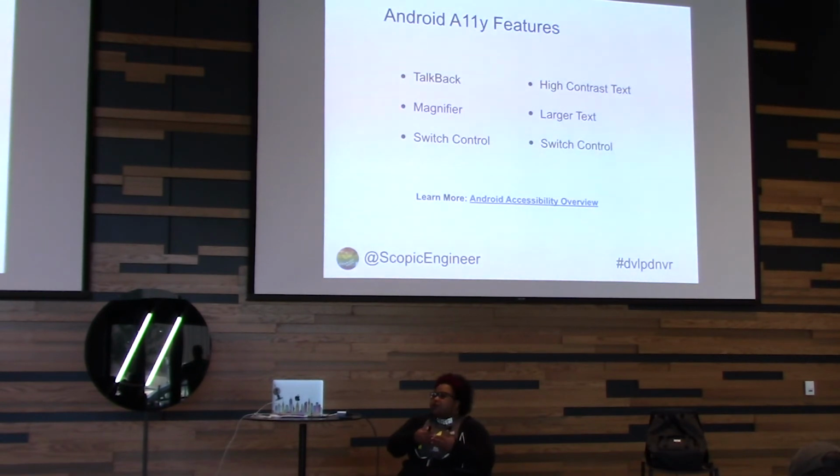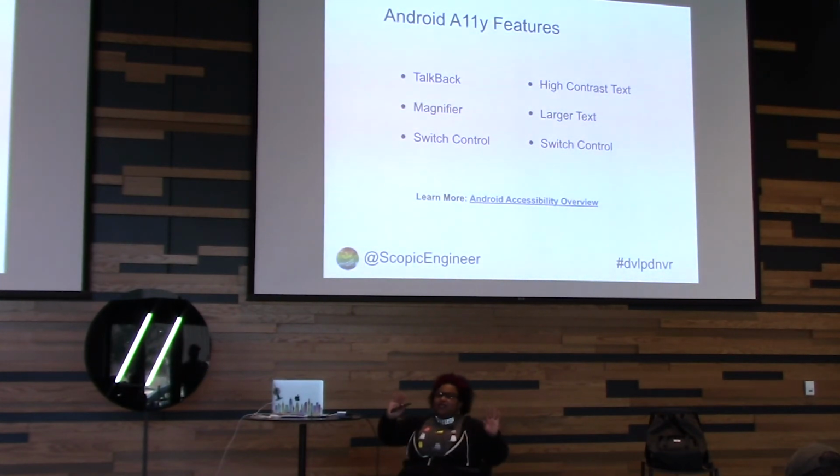Android features: TalkBack, which is the Android screen reader. Magnifier, switch control, high contrast text. A lot of the stuff is the same between the two, but they don't act the same. So you can't just say, okay, my application is accessible for iOS, so I'll just do the same things, because one is Swift and the other is Java. There are a lot of differences, so you can't just import that.